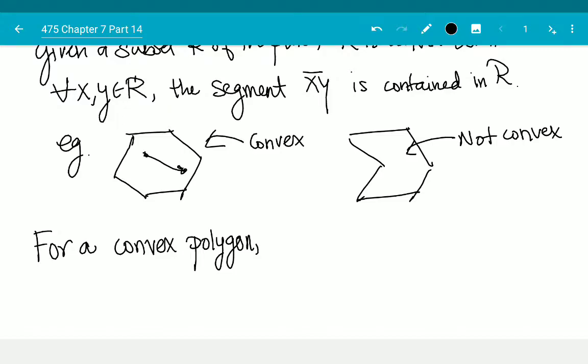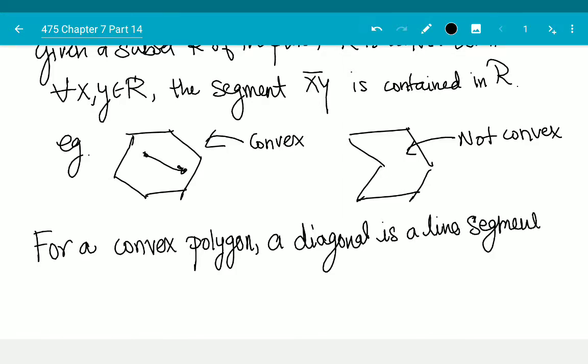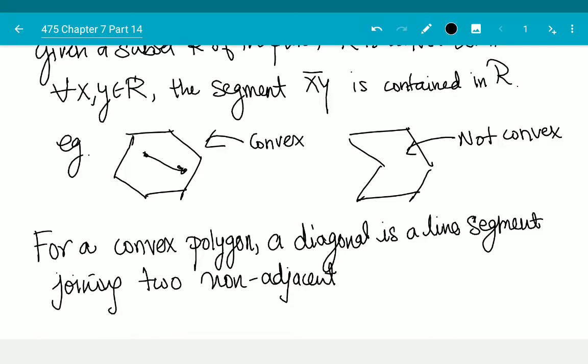For a convex polygon, a diagonal is a line segment joining two non-adjacent vertices.